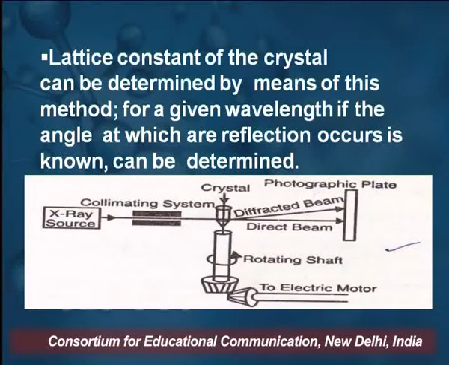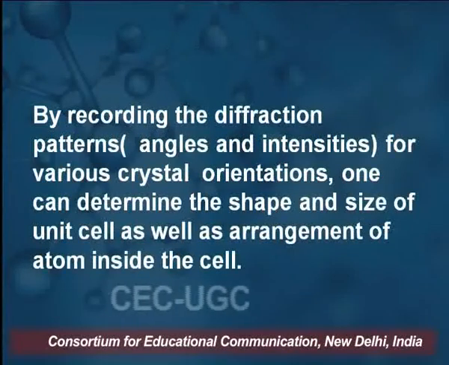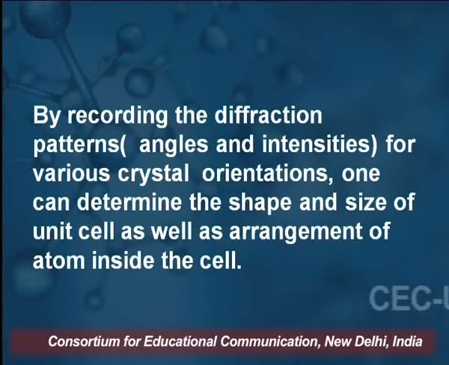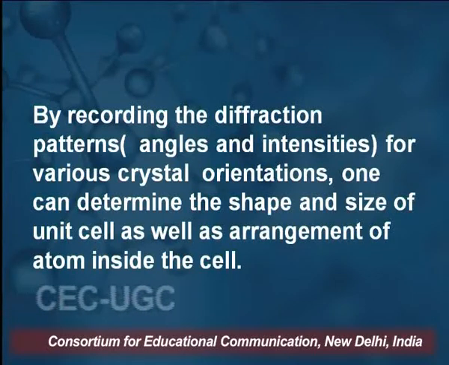So by using this method we can find out the lattice parameters of a single crystal and other parameters of a crystal. By recording the diffraction pattern, as the angle changes and the intensity of light changes, we can draw a pattern for the various crystal orientations.